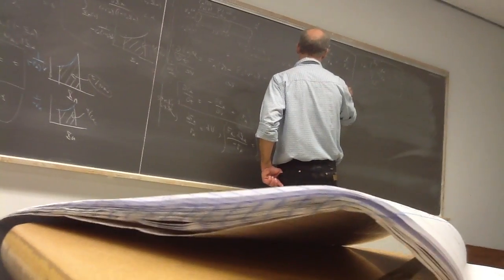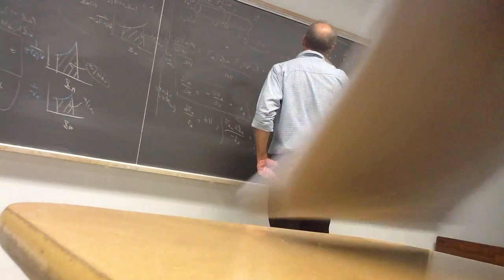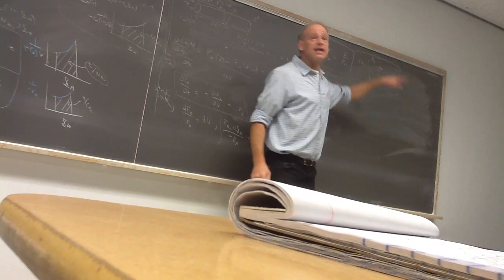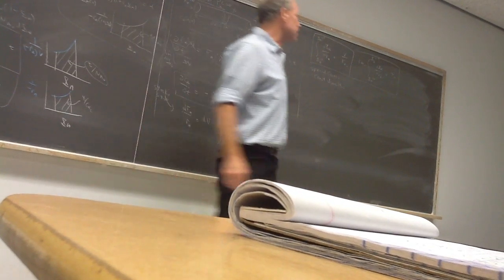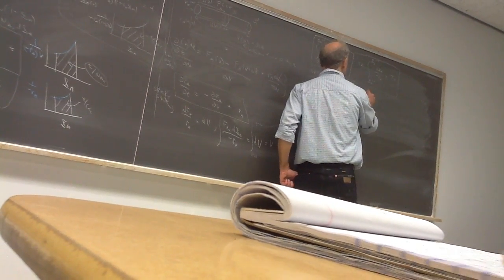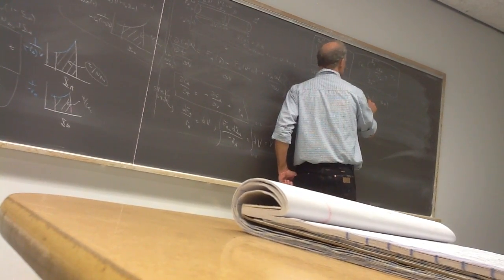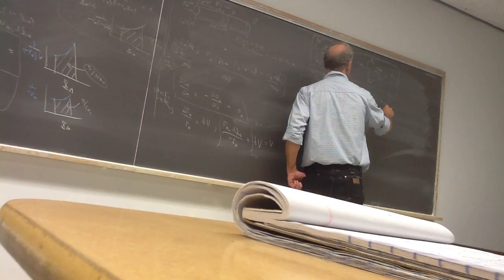Special case: constant density. At constant density, CA is CA0 times 1 minus XA. dCA is minus CA0 dXA.